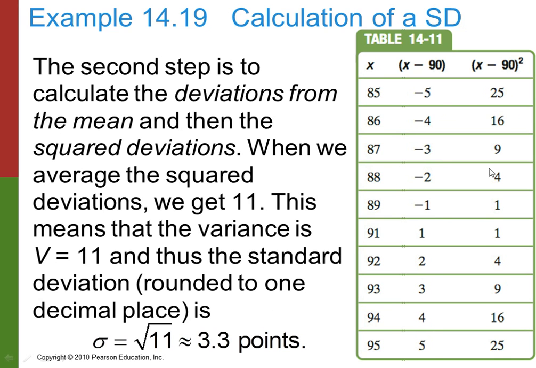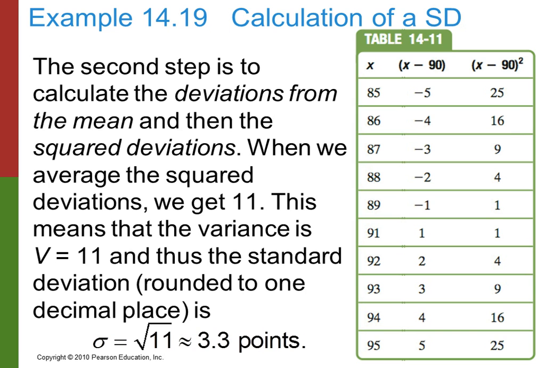We square those, add them together, and divide by the total of 10, and we get 11. We then take the square root of 11 and get that her standard deviation is 3.3.